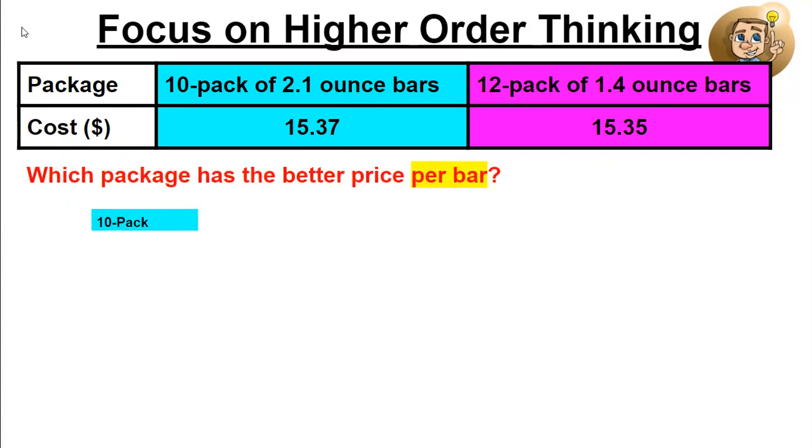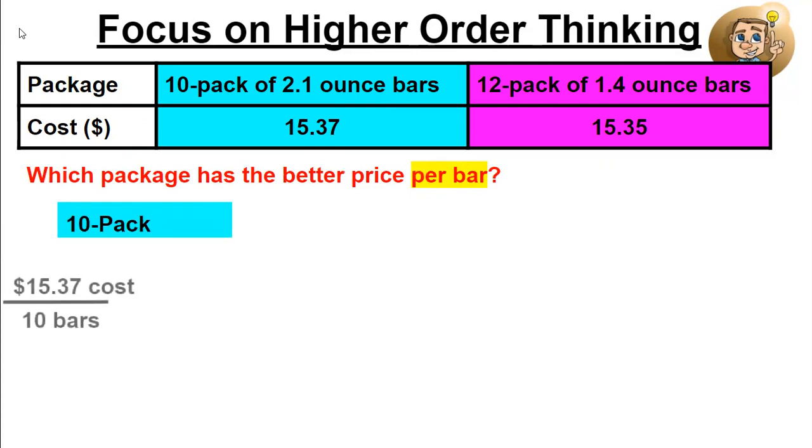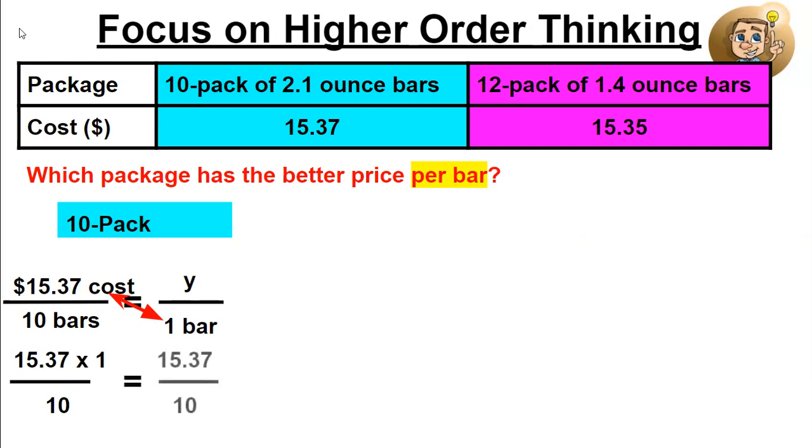Okay, so the 10 pack is $15.37. That's the cost divided by the 10 bars in the box. We're going to figure out what the cost is per 1 bar. That's our unit rate. Cross multiply and divide. $15.37 times 1 divided by the 10 bars is $15.37 divided by 10, which is $1.53.